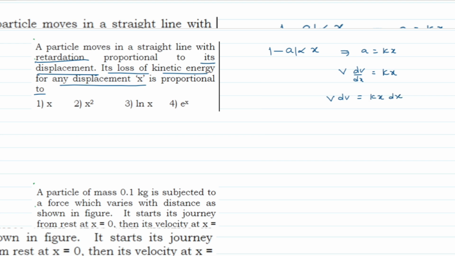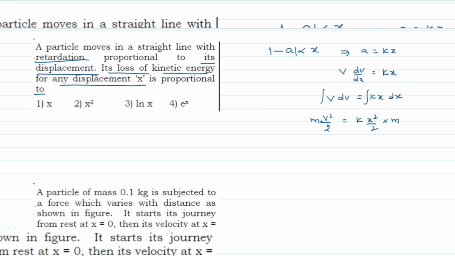When you are doing integration on both sides, you can take like this, integral v dv. v dv is nothing but v square by 2, which will be equal to k into x square by 2, and on both sides when you multiply with m value, here it's nothing but kinetic energy.